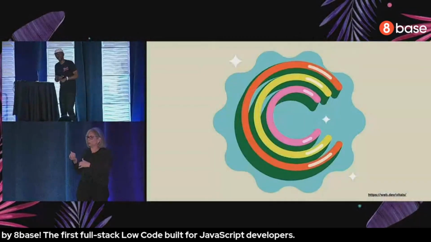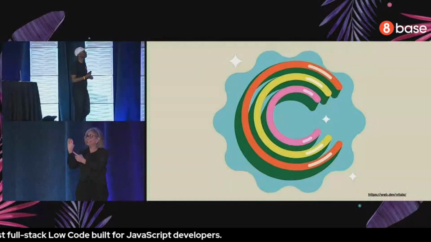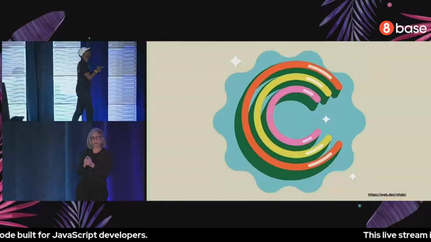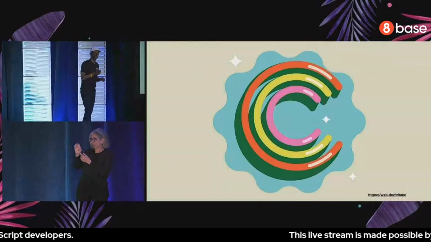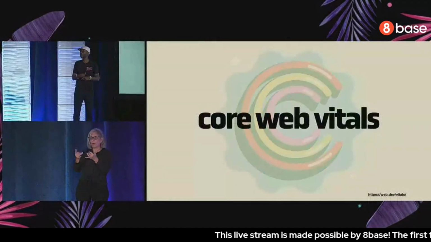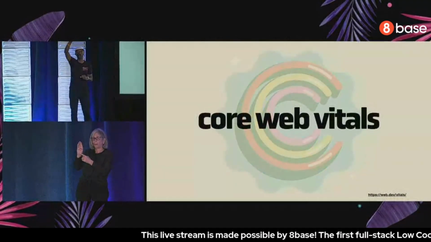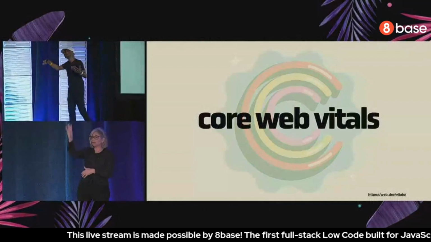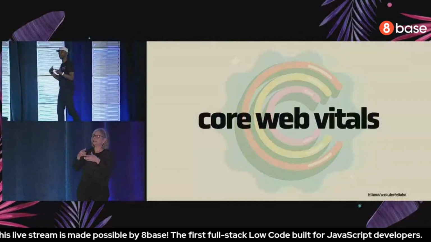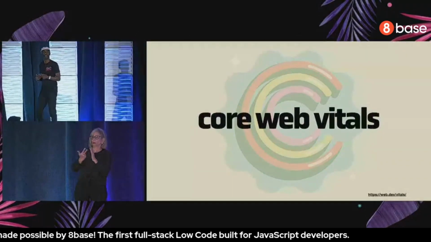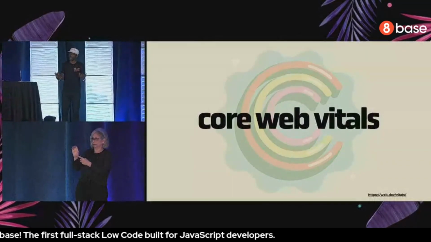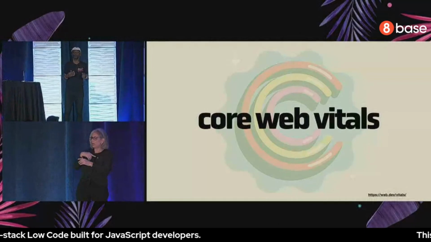So let's look at C. C in our case could stand for caching, but we are going to talk about Core Web Vitals. Familiar with Core Web Vitals? Hands up. All right. This is a triplicate of metrics, and you're able to gauge the health of a site or a web app.